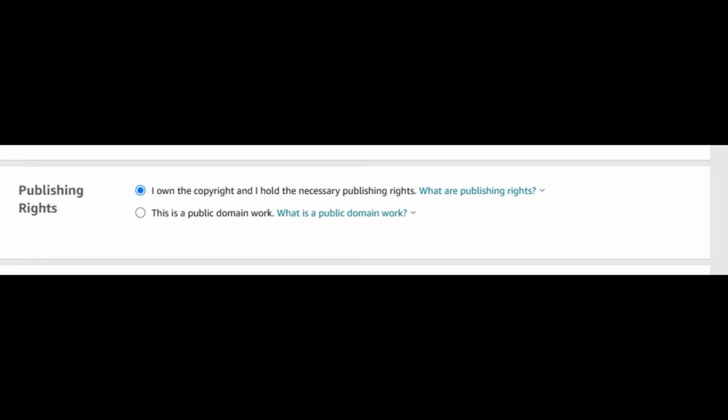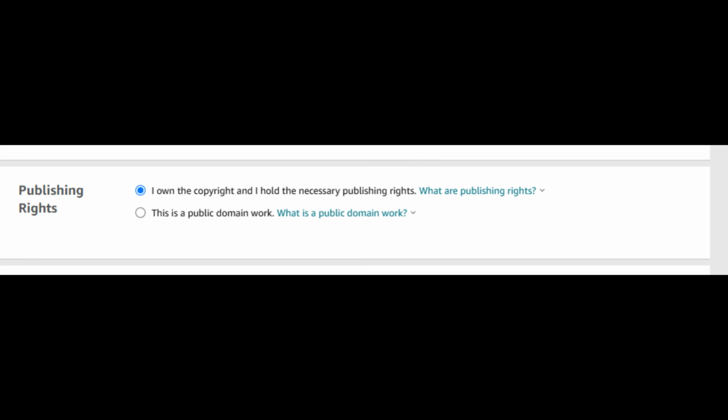And yes, if you have designed your book, you hold the copyright for your book. So you can tick the box and say that you hold the copyright for this book. And that is because people can publish public domain books. That means they don't hold the copyright because they're in the public domain. And that's why Amazon asks that question.